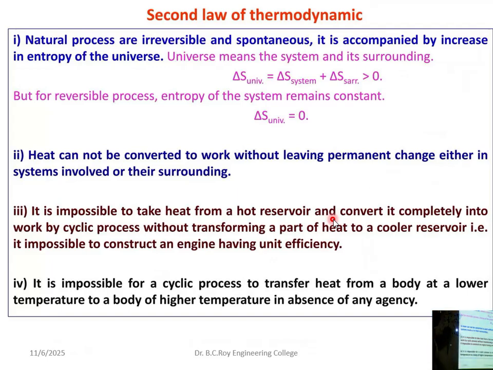If I take isothermal, this will vanish or not? So what you get? R ln V2 upon V1 only, and V2 upon V1 equal to P1 upon P2, because T constant, isothermal. So this is for isothermal.